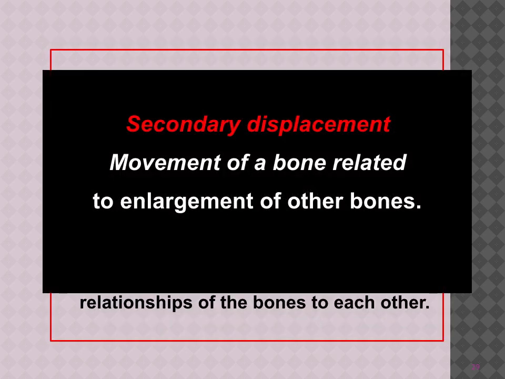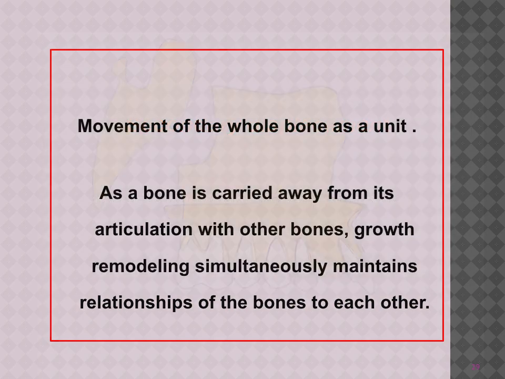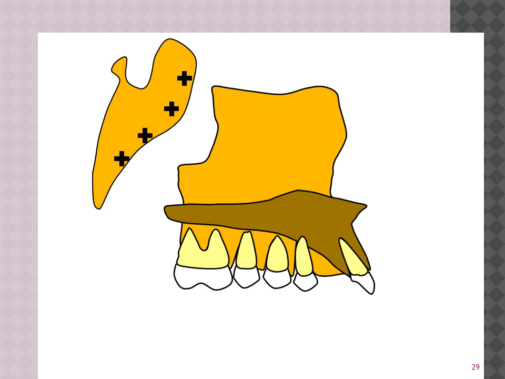However, a second situation is secondary displacement, where a bone is going to displace in position but not because of its own growth. It is going to be displaced due to the growth of some other adjacent attached bony structure, like growth at the middle cranial fossa.